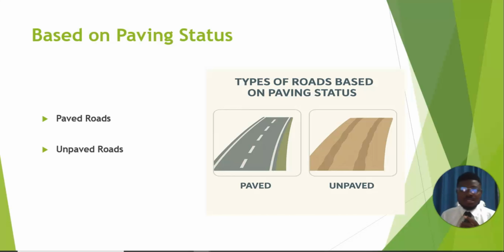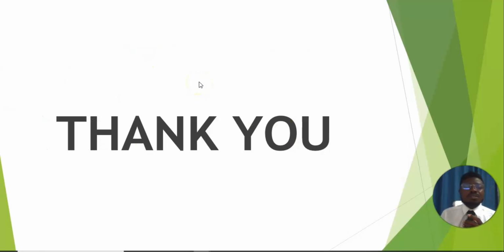After any slight thing, the road is destroyed, and it doesn't really take too much to construct them, but they are very difficult to maintain most of the time. So that is the types of roads based on the paving status, and that is all under this topic of road design. And I'll see you in the next video.